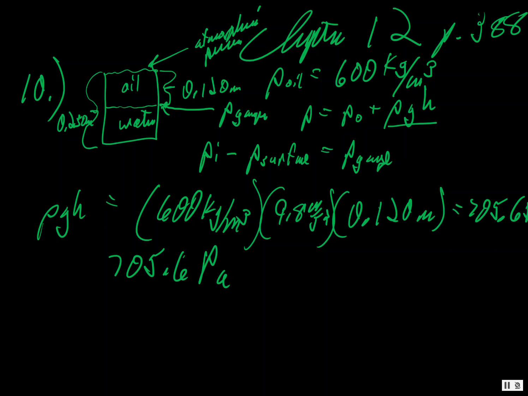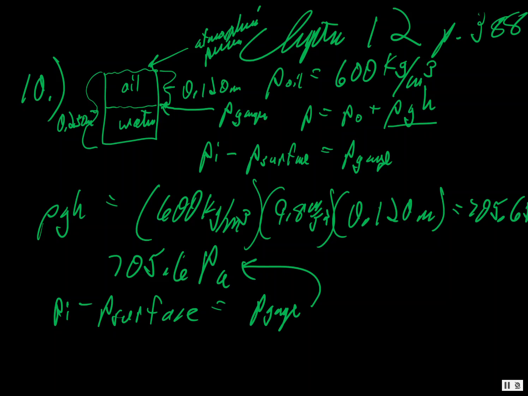And so our gauge pressure, because it's the initial pressure minus the pressure at the surface, is equal to the gauge pressure, and that is going to be that right there. That's what it's going to be at the interface.